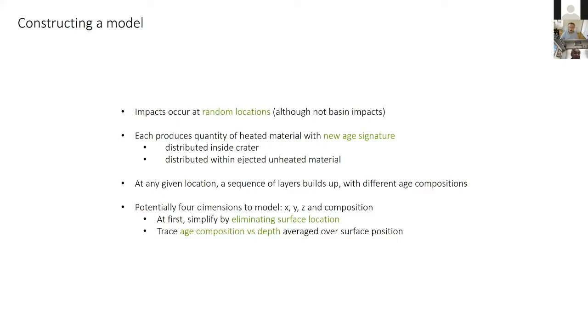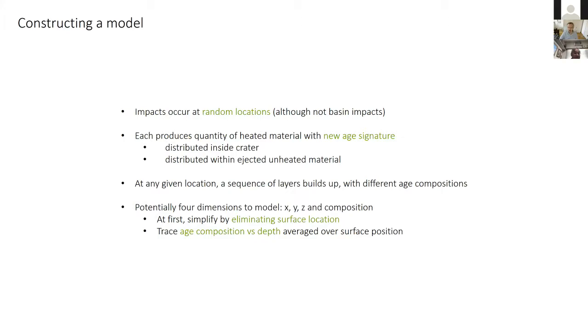the moon. Each impact produces a quantity of heated material with a new age signature. This material is distributed inside the crater, and it's also distributed within the ejected unheated material. So we know that the majority of material that is ejected from an impact is not heated, it's ejected cold.